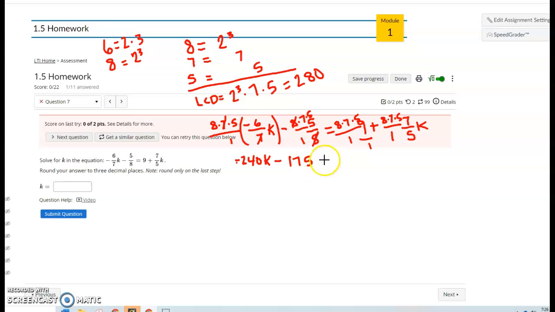We get 175. 8 times 7 times 5, or basically, it's just going to be 280, times 9, let's see what we get there, 2520. The 5 cancels on this last one, so 8 times 7 times 7, we get 392.